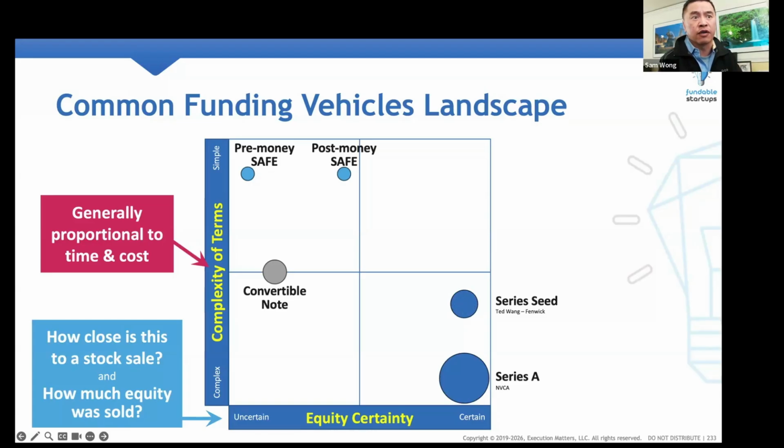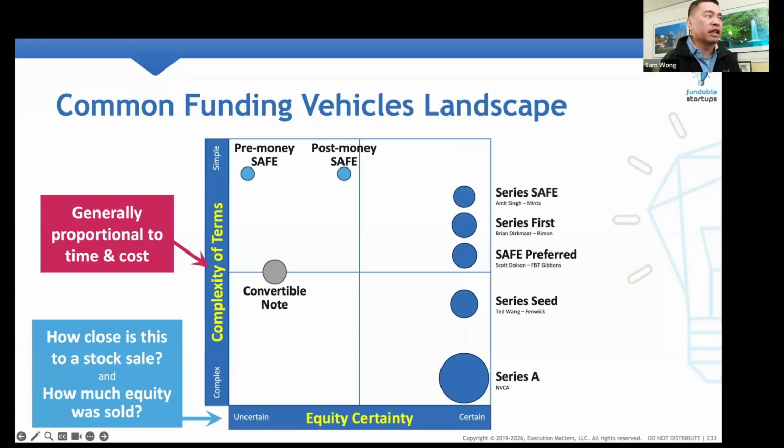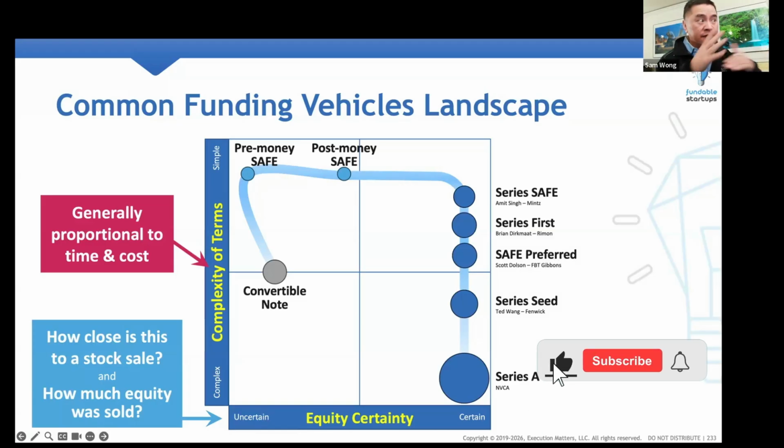Another attorney, Ted Wang, who used to be at Fenwick, created a lighter weight version called a Series Seed model contract. And then there are several other attorneys who created even lighter weight versions. I've had two webinars, one on the Series Safe, one on the Series First, from the attorneys who've actually gone through that. Conceptually, if you drew a path through these various instruments, this is the general journey.